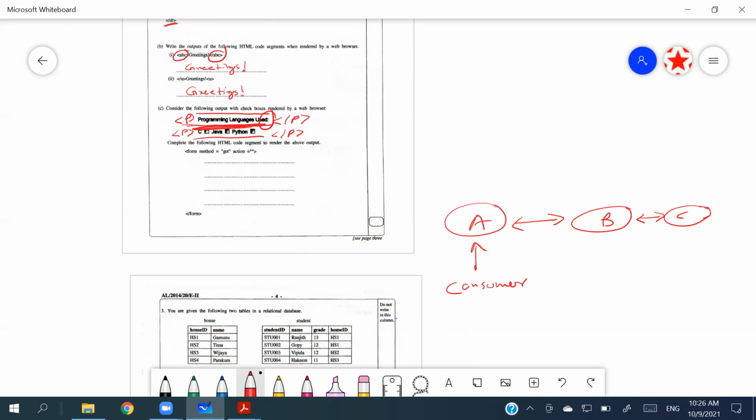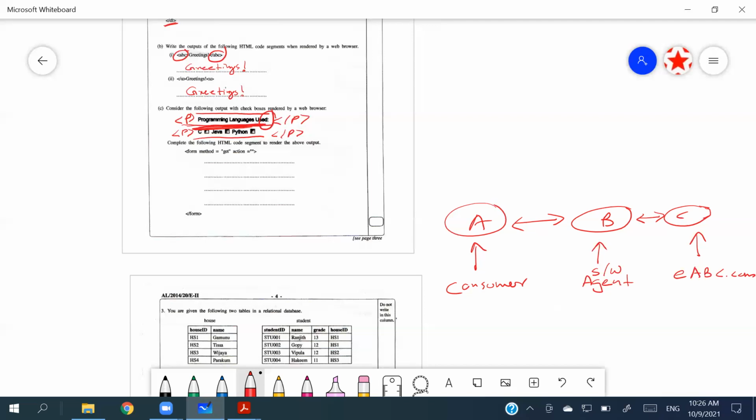So for that reason, the agent should be in the middle. This is the software agent. And the other party is aebc.com. Right? So always remember, the software agent is there to interact with the consumer as well as with the website.